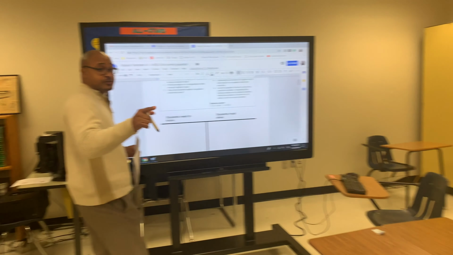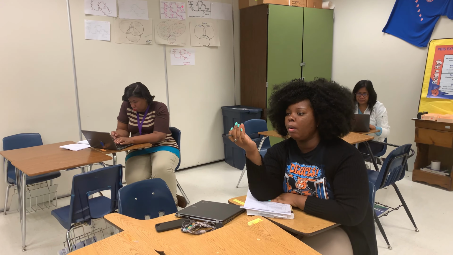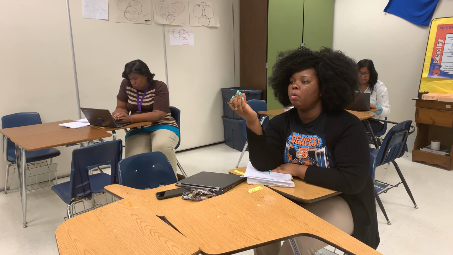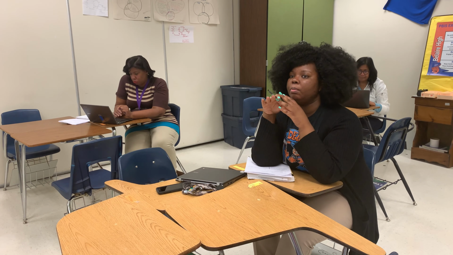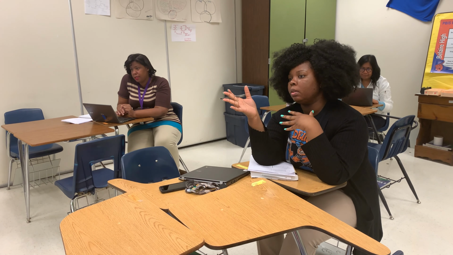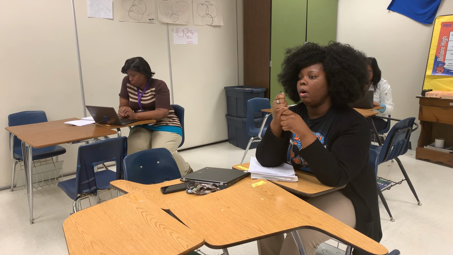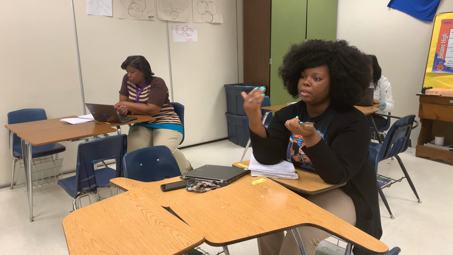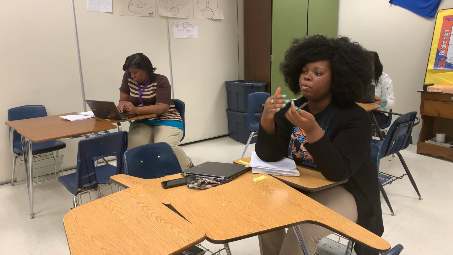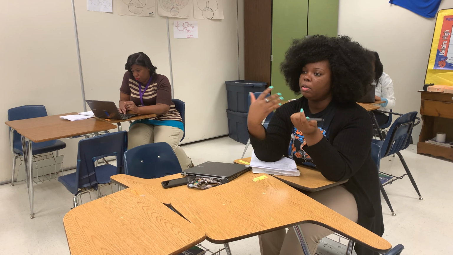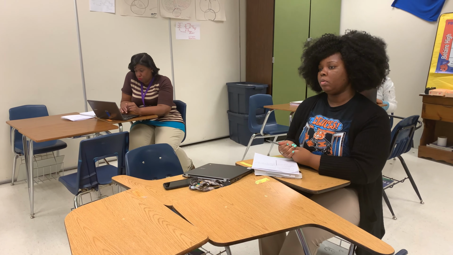I will also say with solving the equation, you can give them one problem and they should be able to know, okay, it'd be best for me to use factoring, or it'd be best for me to use the quadratic formula. There are several methods we're going to teach them to solve an equation, but if they're able to justify which one is better to use, then that shows they understand solving.